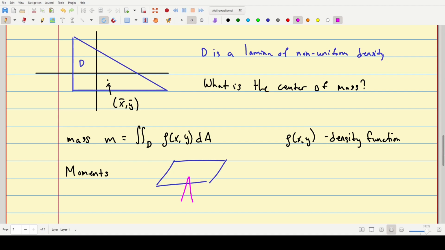Imagine that I have one of these lamina, and this lamina is sitting on top of a pointed object. I'm trying to balance this lamina on this pointed object.